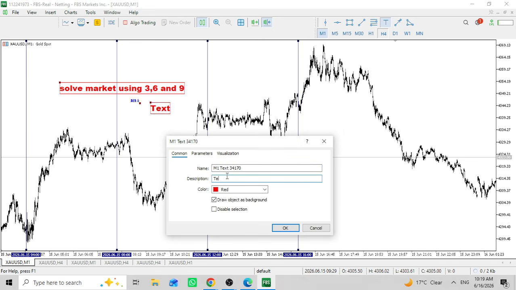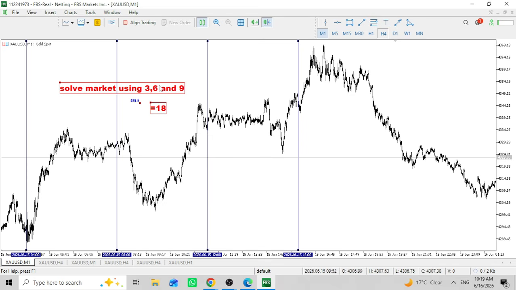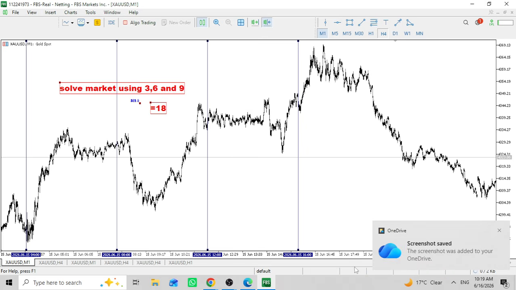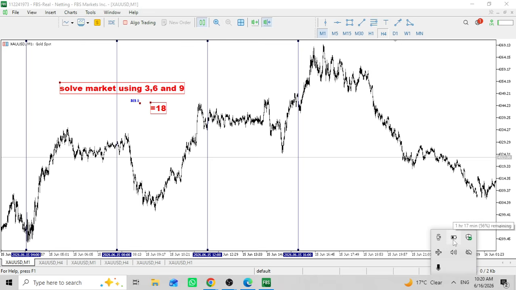If you add 3, 6 and 9, you're getting 18.